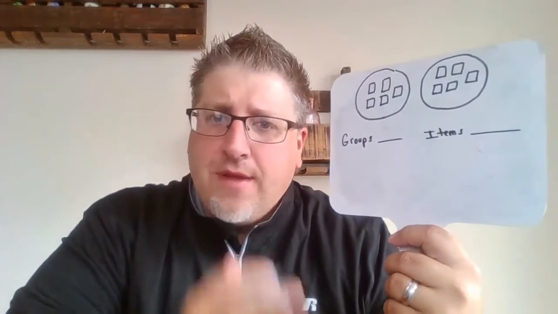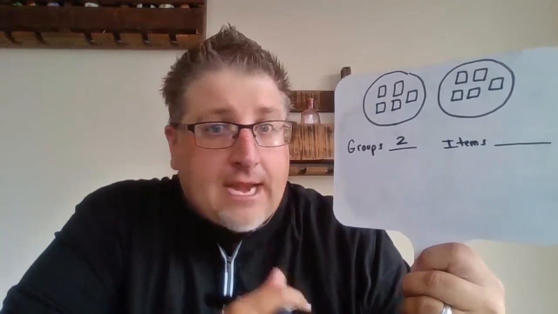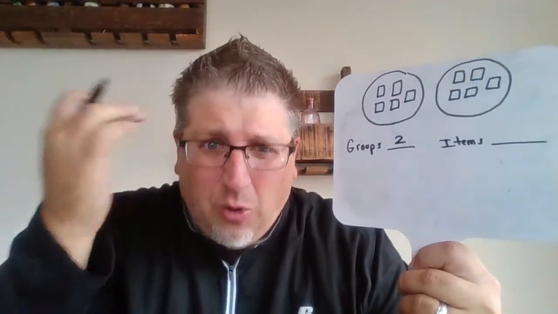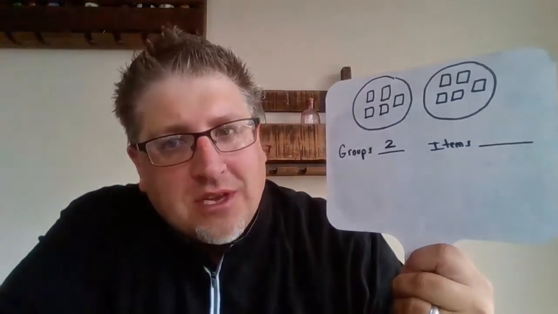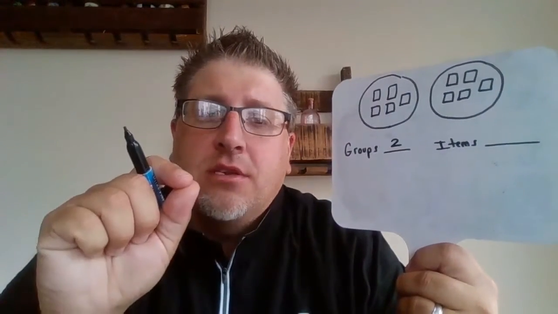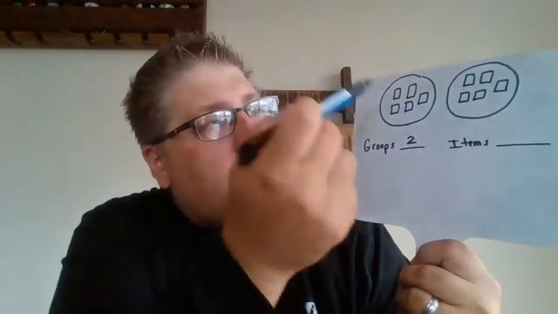Boom, we have a number right now. We have 2 groups. We have 2 circles that are full of squares. Okay, look at that. They didn't give us the number. We figured it out. We got it. Okay, 2 groups. How many items are in each group is what we want to know.